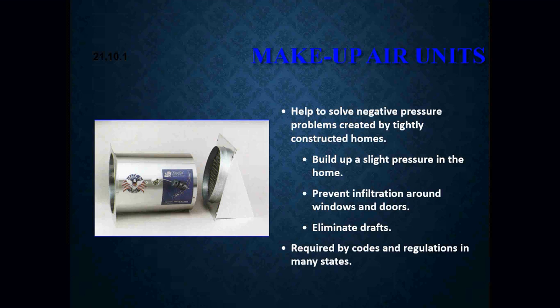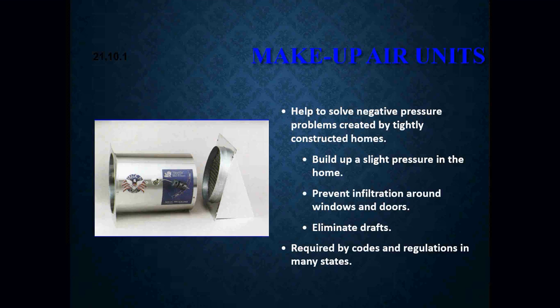To help solve negative pressure problems created by a tightly constructed home, since a buildup of slight pressure in the home can create issues with combustion, you're going to have a make-up air system. What we do is provide infiltration around windows and doors, which is going to eliminate drafts.